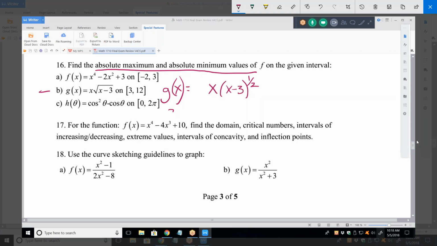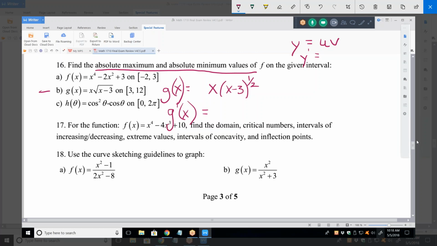What's g prime of x? One, and then 1/2 (x minus 3) to the negative 1/2. Okay, hold on. Stop there. If y equals u times v, y prime, and I like to have students always do this the same way.